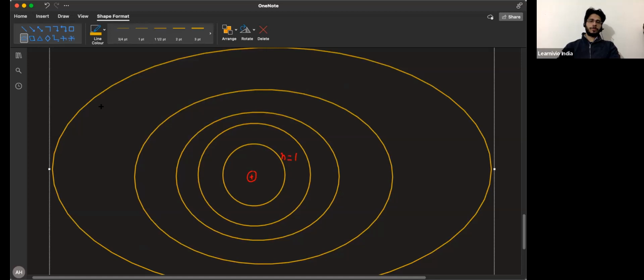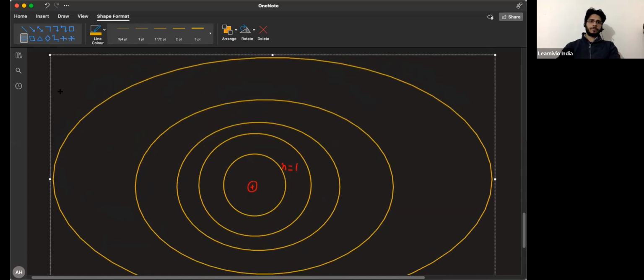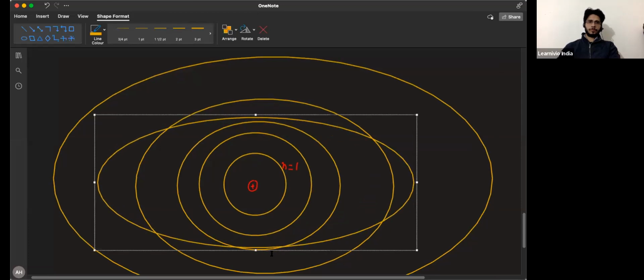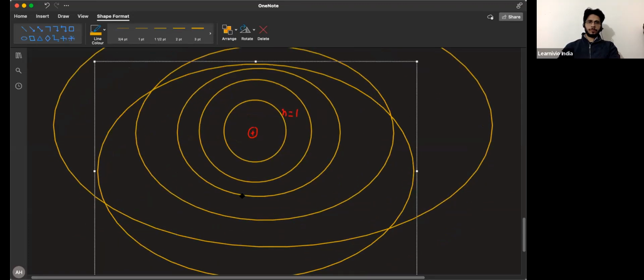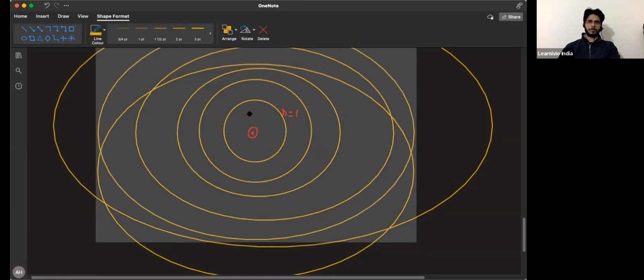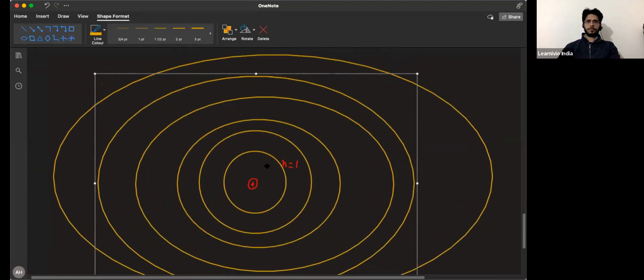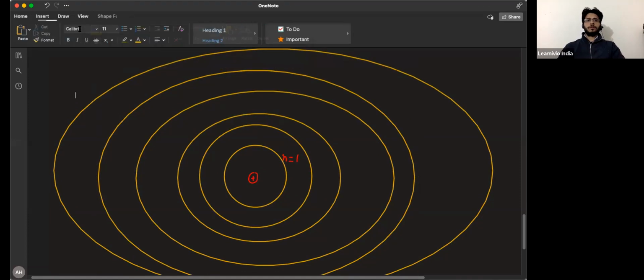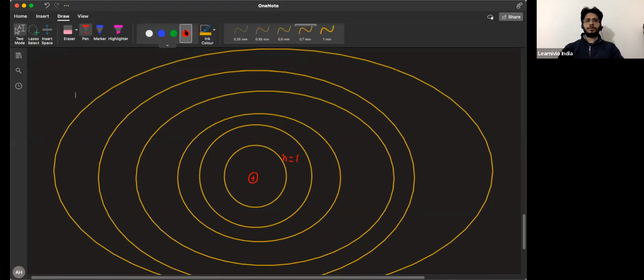We need one more orbit. So we have n equal to 1, n equal to 2 orbit, n equal to 3 orbit, n equal to 4, 5, 6, and then the last is n equal to infinity.